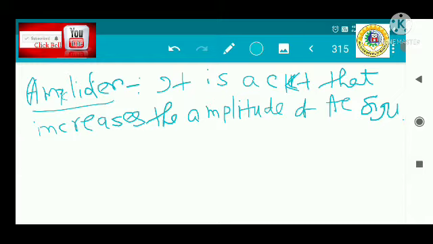Okay. Now this is the definition of the amplifier.